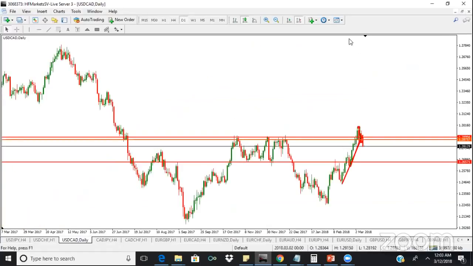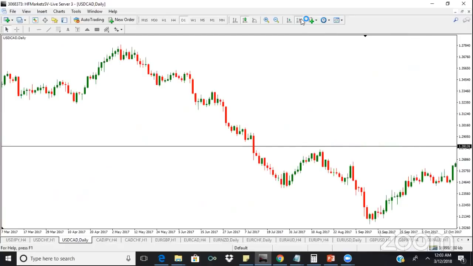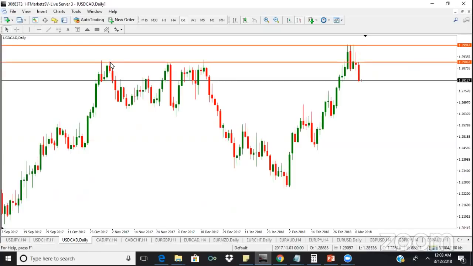So how do you do that? Look at what happened. Draw your support and resistance line. First one here, second one here. The third one is somewhere around here.